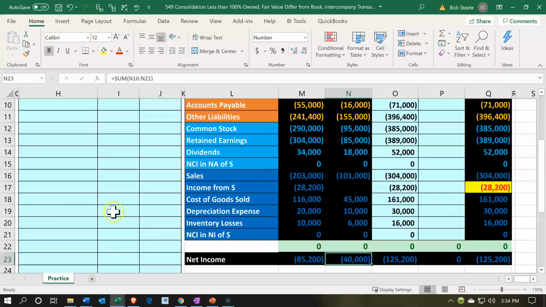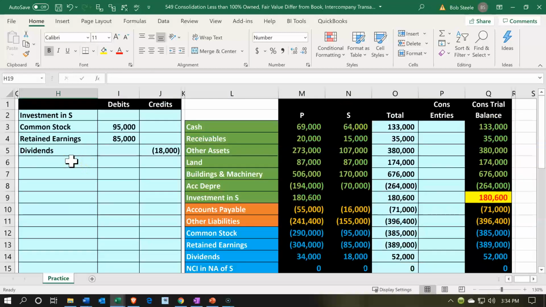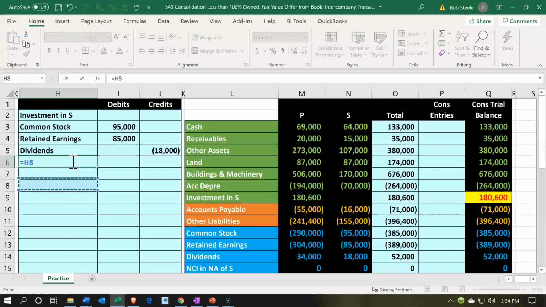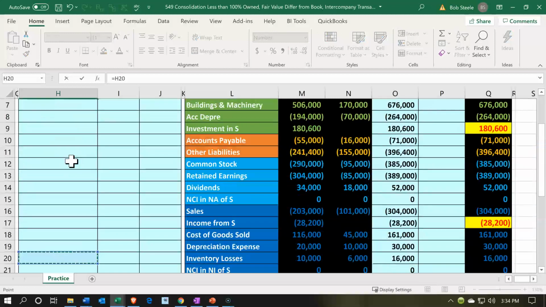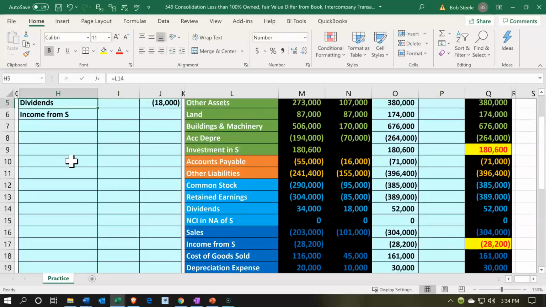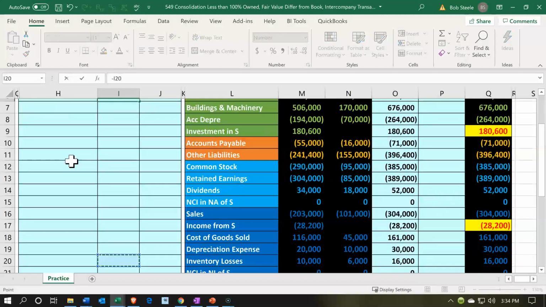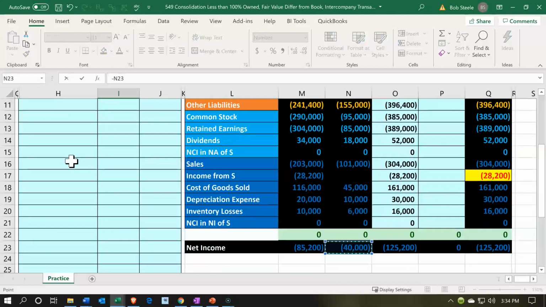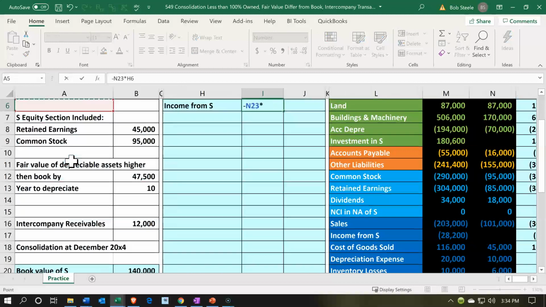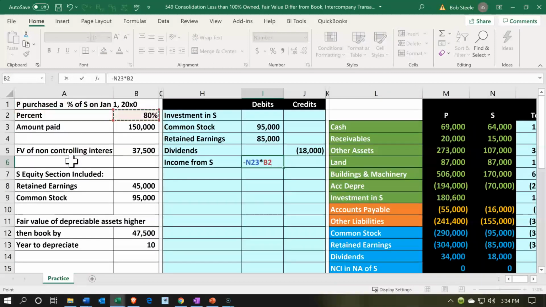So what I'm going to do is take that 40% times our P's portion. I think of ourselves as P. We're the parent. So we're going to go over here and say that we have the income. We need to reduce that. So that's going to be a debit. So I'm going to say negative of, I'm going to pick up the total income down below times our portion of it, our portion of it being the 80%.